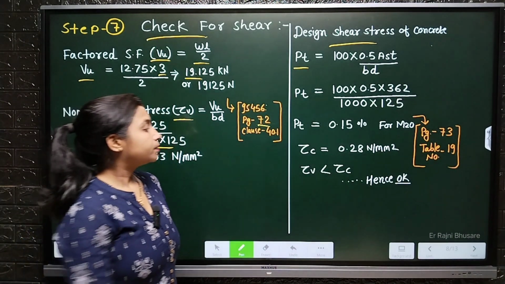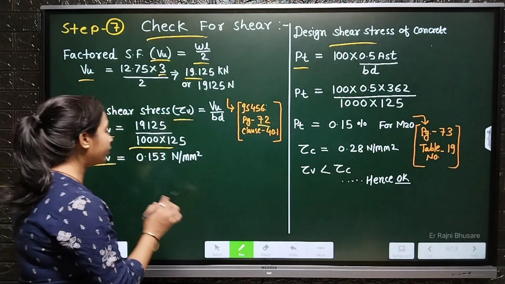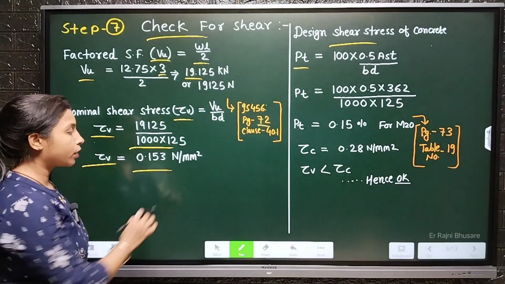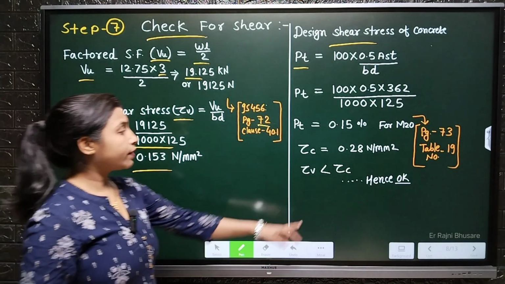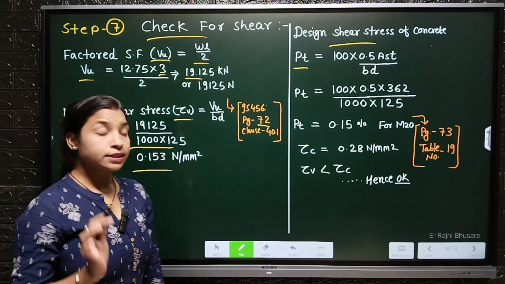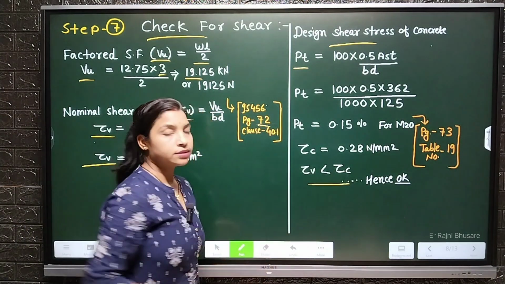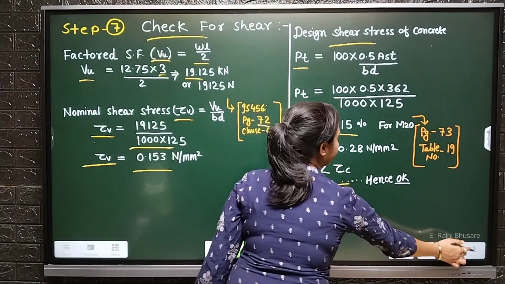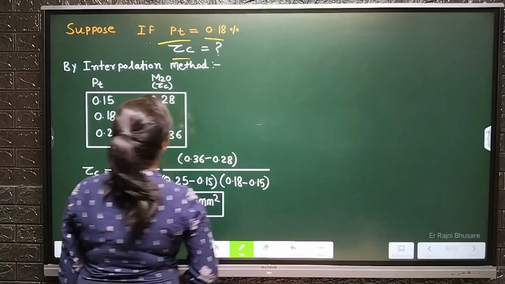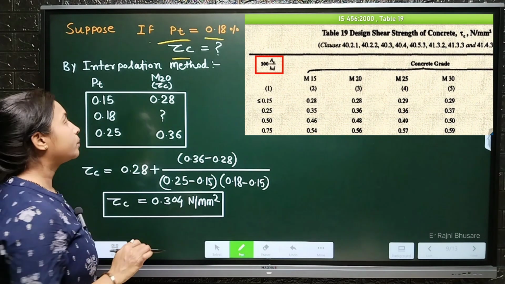Here let's check the relation between tau C and tau V. Our tau V value is 0.153 Newton per mm square and tau C value is 0.28 Newton per mm square. So now we can say that here our tau V is less than tau C, hence okay. If we want to see the interpolation method, let me tell you Table number 19 in IS code.